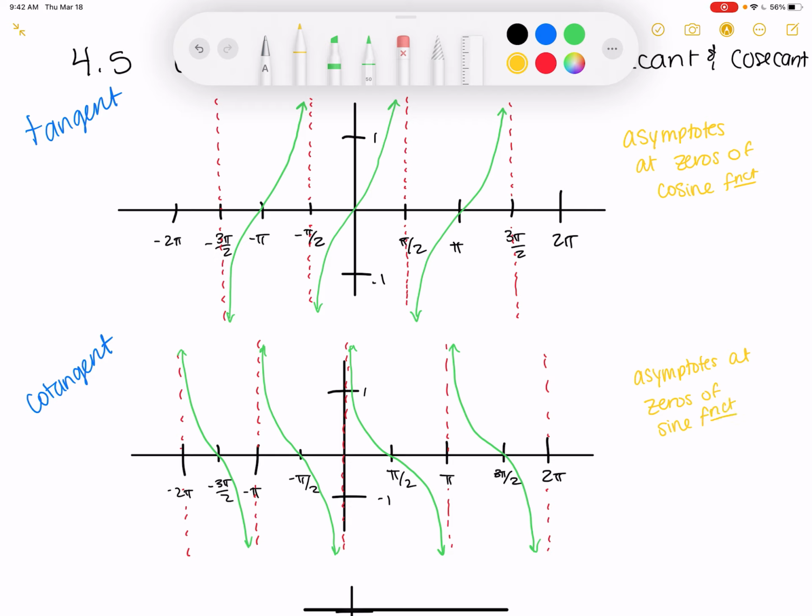The asymptotes, like I said, are at the zeros of the cosine function for tangent and at the zeros of the sine function for cotangent.